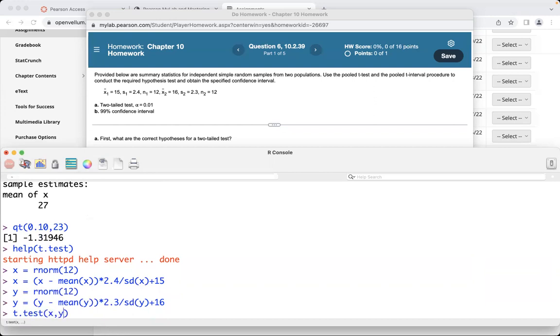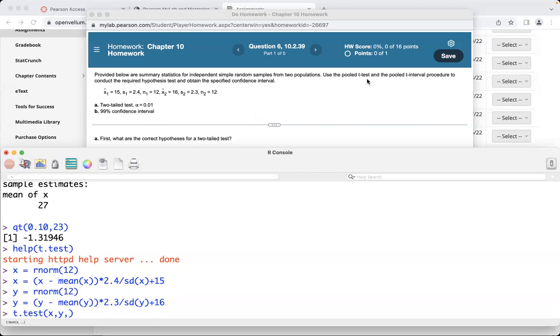What we need to do here is notice a few things. We're talking in chapter 10, so we have two populations. So this is a t-test with two populations. This is a pooled t-test. What that means is that we have two samples, and we're assuming that they're coming from the same underlying population, and we're trying to determine whether or not they have the same population mean.